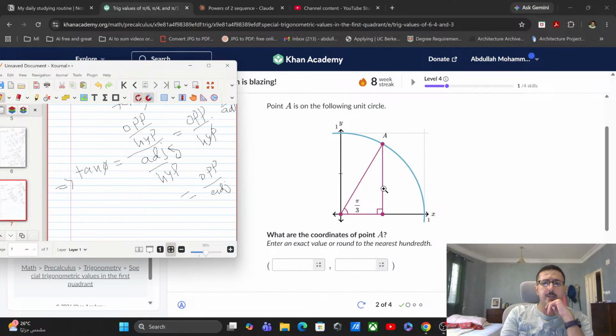So this is gonna be the tangent of pi over 3, this one. Wait, no, that's gonna be the opposite over the tangent. I have no clue. I'm gonna go with this is half.